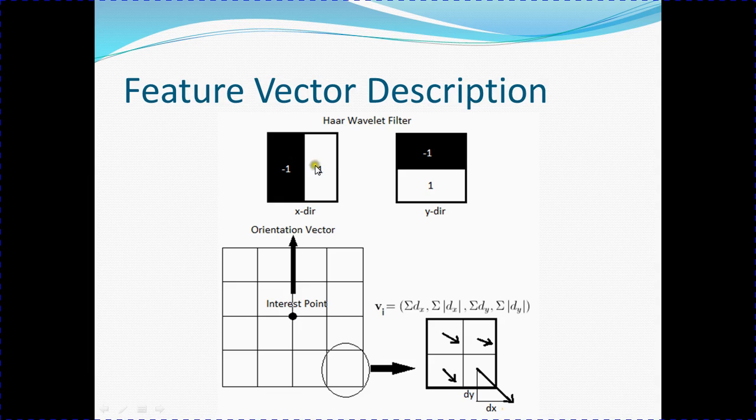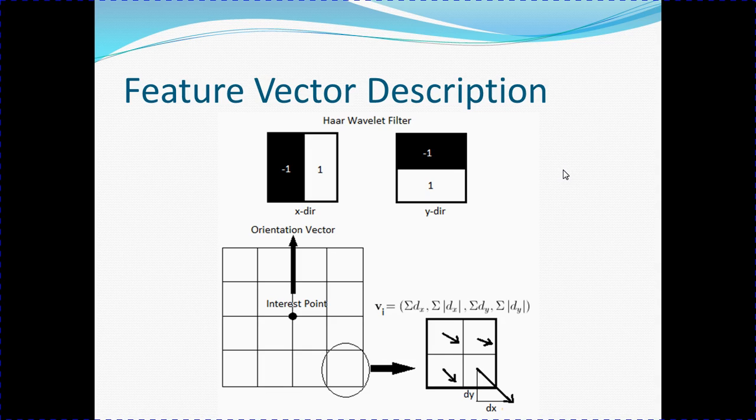Here you can see a representation of the Haar wavelet filter. This would be in the X direction, this would be in the Y. So it's just a simple box filter, so we can take advantage of our integral image and box filter to calculate the wavelet response. Once we have orientation information for each of the subsections, we can sum the X and Y directions to give an overall orientation.